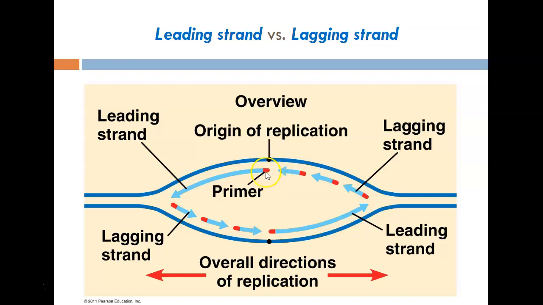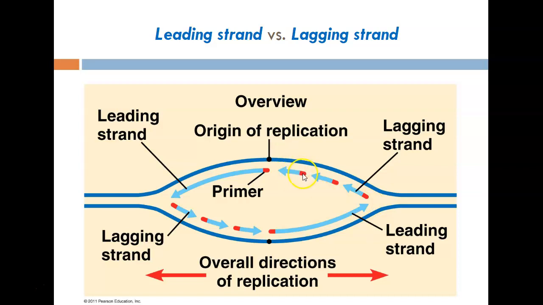The primers are in red. So DNA is always added in the 5' to 3' direction. So for example, here, if this was being added in 5' to 3' direction, it's just one long continuous strand. However, there's a problem. The other strand is going the opposite way.